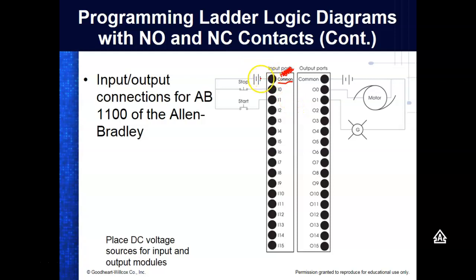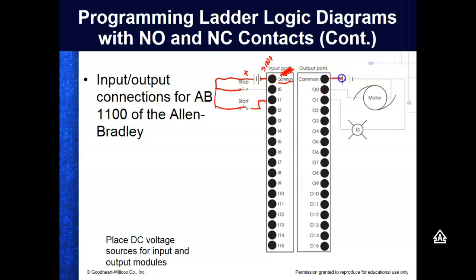Common. And this is the way our PLCs are wired. The input ports are wired to sink, so the input devices have got to be wired to do what? Source, yeah. So the plus goes out there. Over here, I forgot what it says, but this is the way we connect.